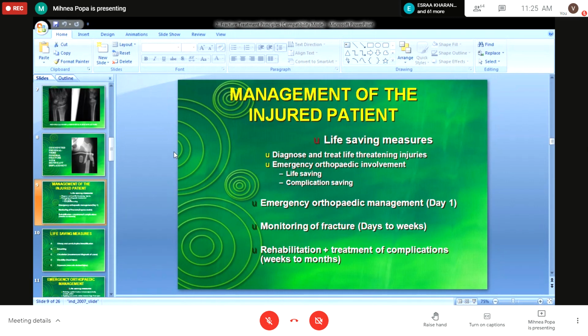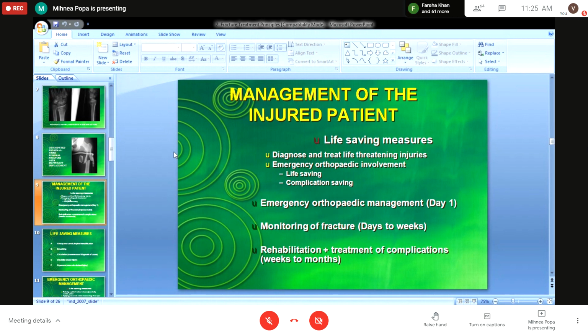So when we have a polytraumatized patient, we have to do some life-saving measures. First of all, we have to diagnose them, of course, and understand what he has, because if we don't do this, we cannot treat it. Then we have to do some emergency orthopedic involvement that can save his life and decrease the complications.